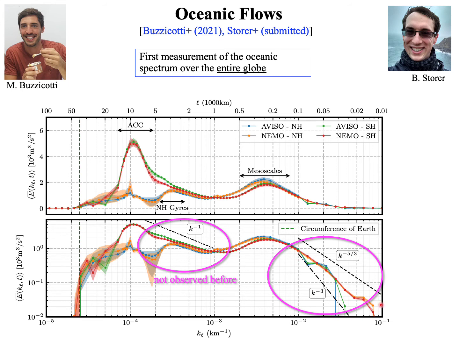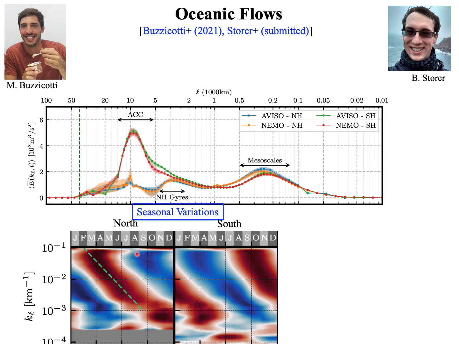We also find power law scaling at the mesoscales, which have been the focus of previous studies using Fourier analysis in boxes. What about seasonality? Here I show you January all the way through December in both the north and the south. And here 10 to the -1 is 10 kilometers, then 100 kilometers, 1,000 kilometers.